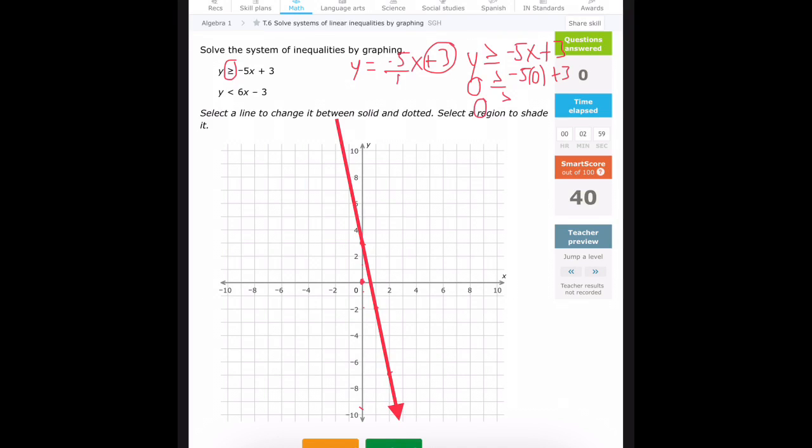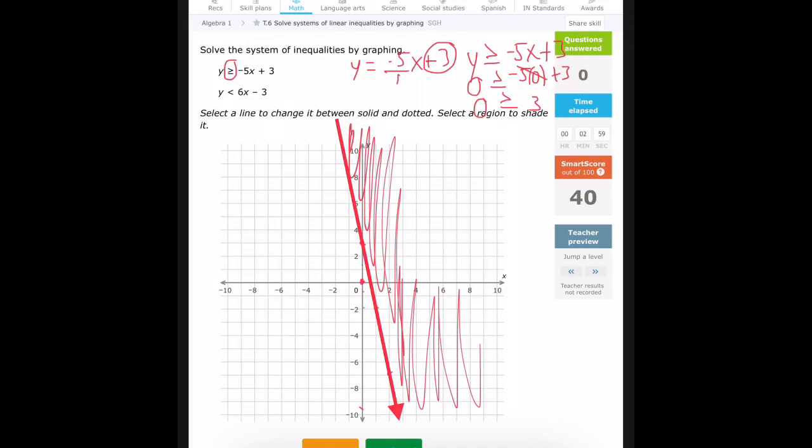So is 0 greater than or equal to negative 5 times 0 is 0? Is it greater than or equal to 3? Well, the answer is no. Obviously, 0 is less than 3. So I'm going to choose everything on the opposite side of that dot. So I'm going to shade everything to the right of this.